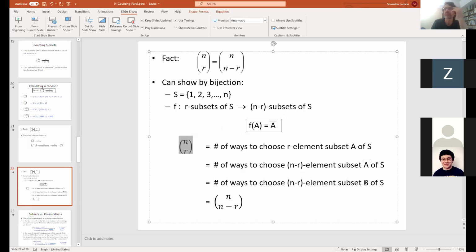And if I replace thinking of R element subset choice with thinking instead of choosing their complements, then this becomes this problem, because whether it's a complement of something or it's just a set, that doesn't matter.